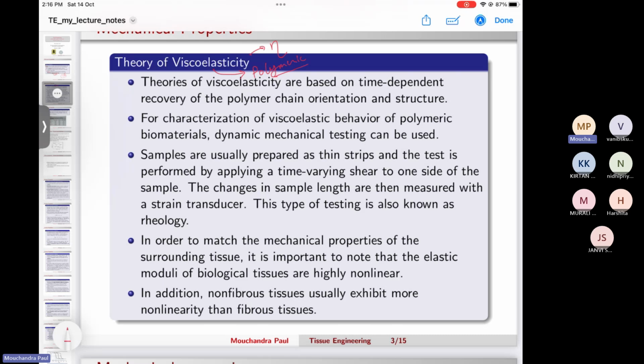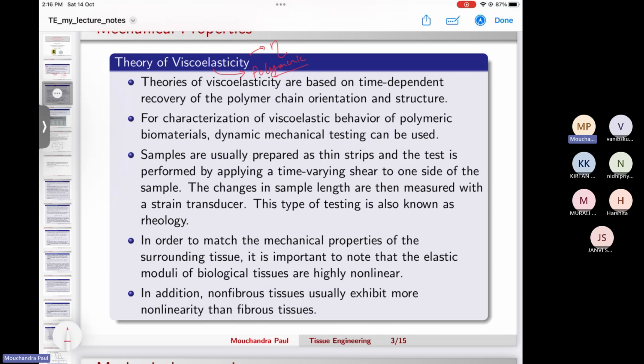For a low viscous liquid like water, it can easily flow if you apply pressure, like in the form of shear. Whereas for a highly viscous material like honey, for example, it will flow very slowly.